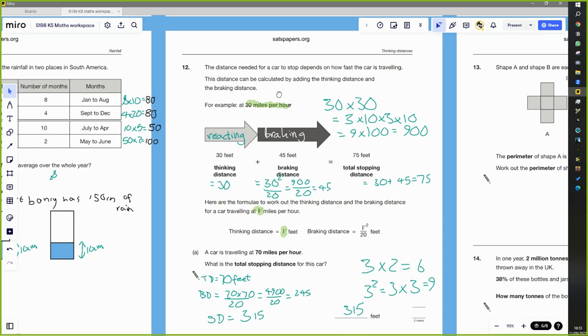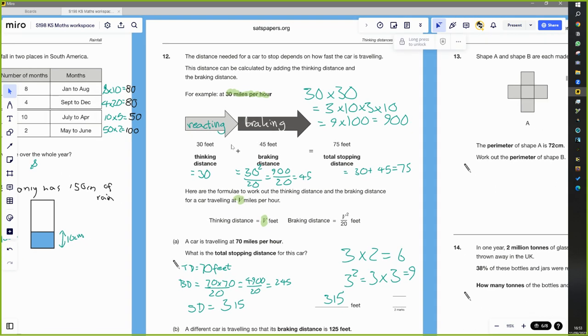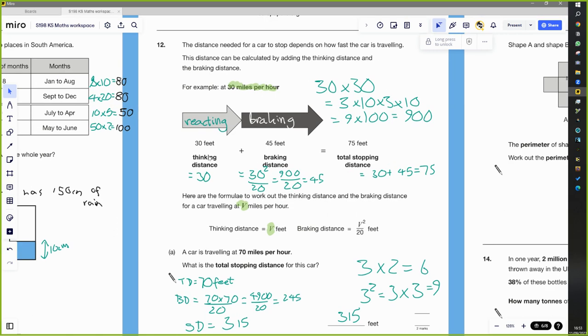Right, 12. Okay. This is thinking distance and braking distance, and then stopping distance. Now, the thinking distance, what is it? It's the distance you travel whilst you're reacting to what it is that you need to stop for. So the example I gave was, you're driving a car and you see a cat come out in the middle of the road.